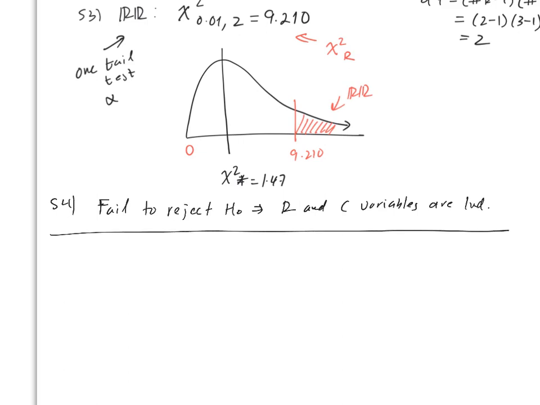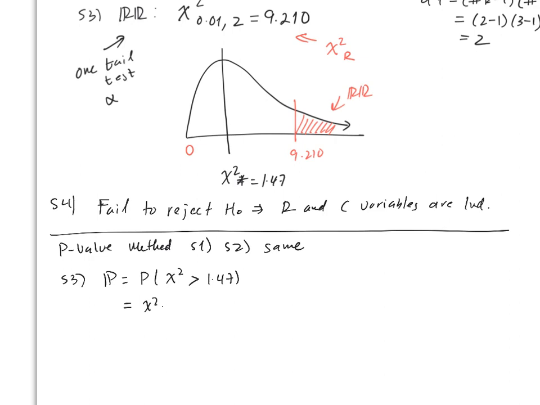Okay. Now, what about the p-value method? For the p-value, remember that step 1 and step 2 are the same as in all of the problems. This is a one-tailed test, so it's the probability that chi-square is greater than 1.47. You use a calculator. This is chi-square CDF, 1.47, 1000, and then the degrees of freedom, which is 2.